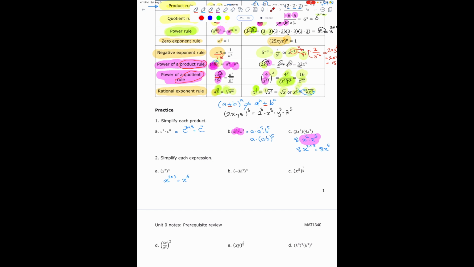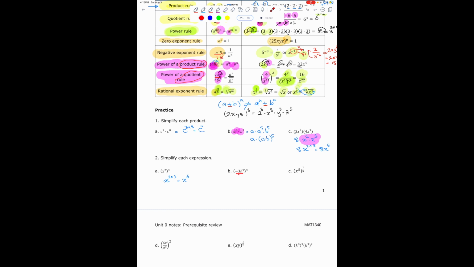The third, part B. Part B says negative 3 h to the 9th raised to the 3rd power. Again, I'm going to use the power rule combined with the power of a product rule. Why is that?